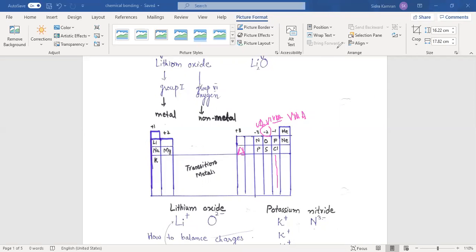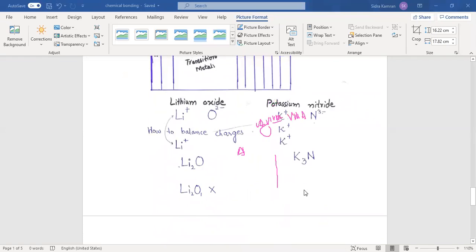Here you can see one example of how to write a chemical bond between ionic compounds. Lithium oxide. Lithium means Li. The symbol of lithium is Li. Oxide is oxygen, O. Oxygen has a valency of 2 minus.